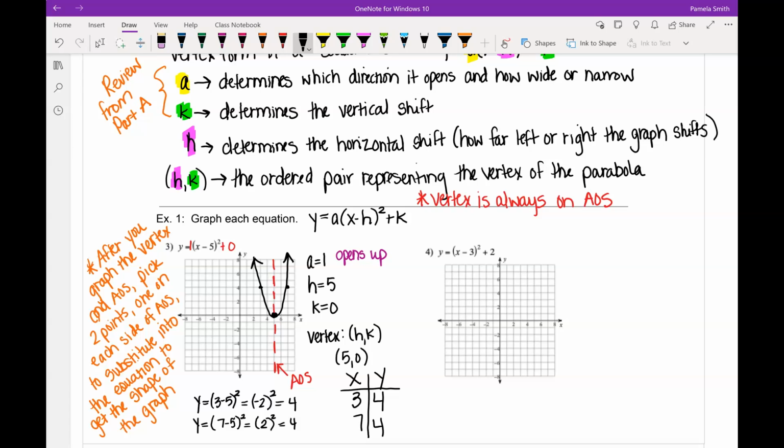All right, so the next one, y equals the quantity x minus 3 squared plus 2. So again, if there's nothing out in front of that parentheses, we have to remember that's going to be a 1. So A equals 1. Again, since it says x minus 3, that means that h is a positive 3.